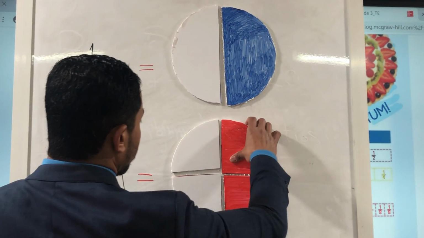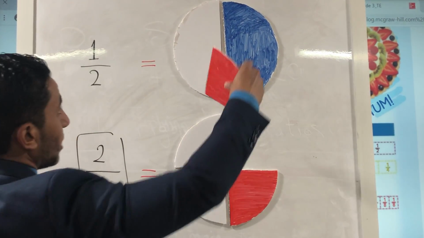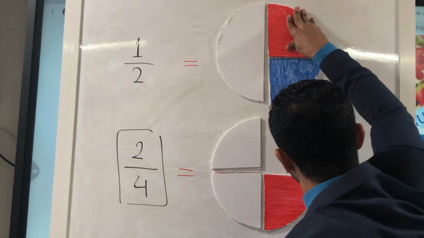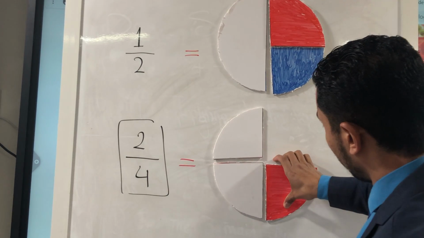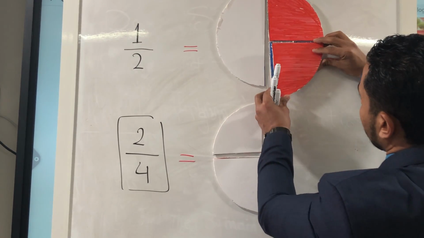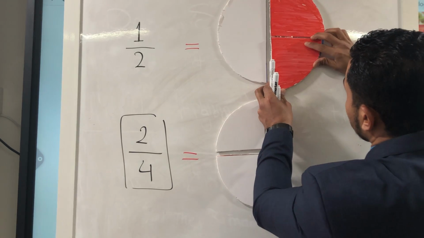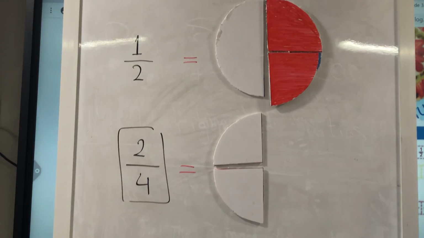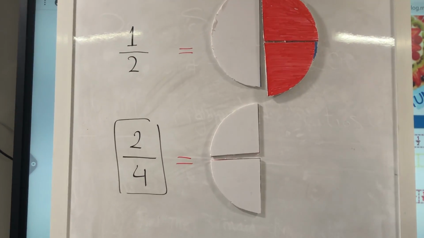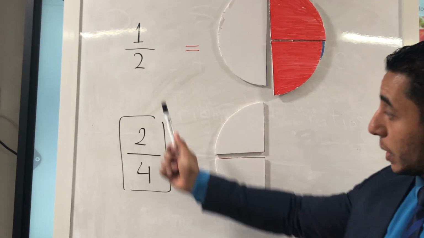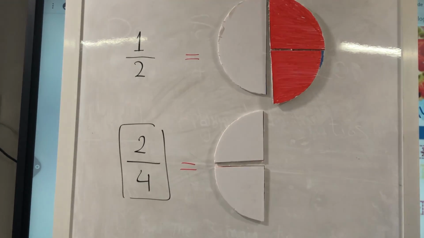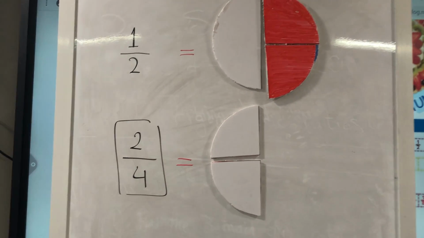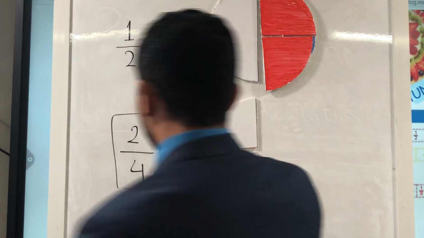And if I cut from here and put this red one here, and this, and put it here, let's cover it. What does that mean? Oh, 1/2 equals 2 quarters? Yes or no? As you can see here, 1/2 equals 2 quarters.